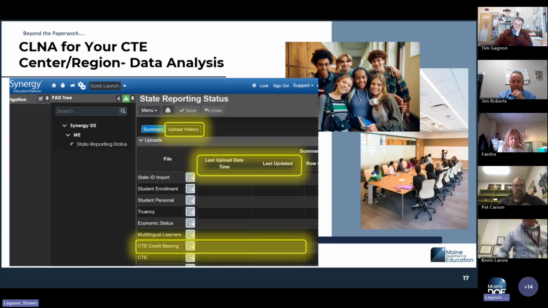And this is what I found when looking at it: the school had a new person who started in their central office area and was submitting data to us and didn't realize CTE needed to submit this credit bearing report every year. So they did not upload it to us. So the problem still exists because that year they missed their indicator because the data wasn't submitted to us.